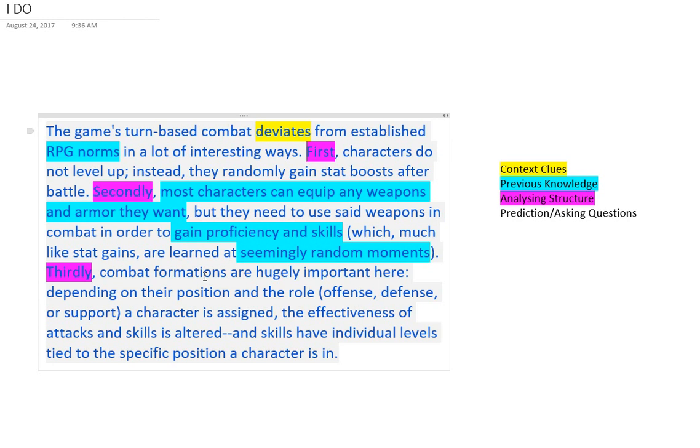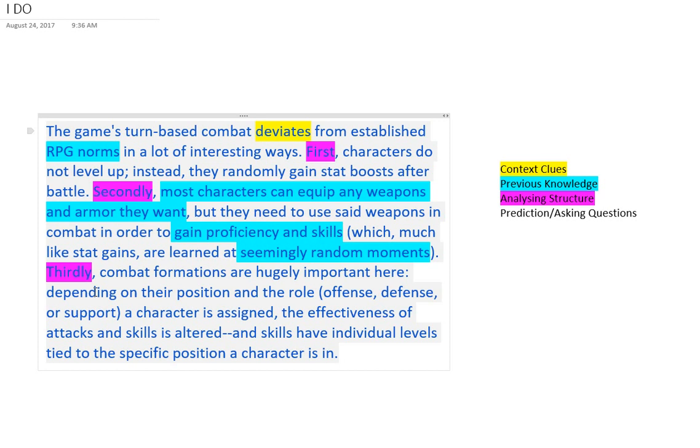First, secondly, thirdly, building an argument, right? And building evidence. And so all of these points, first, second, third, are establishing or proving that this game is deviating from RPG norms. And so by analyzing the structure and by looking for that first, second, third, I can clearly identify the 3 major points that this writer is using to support their claim.